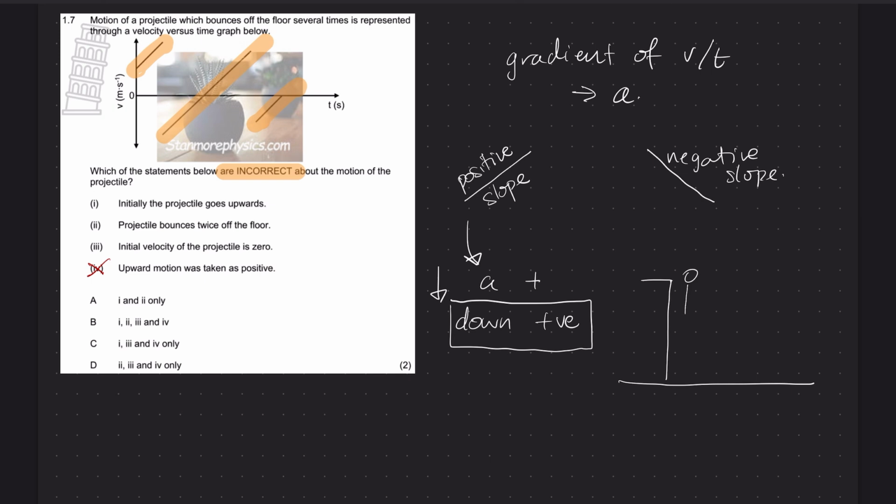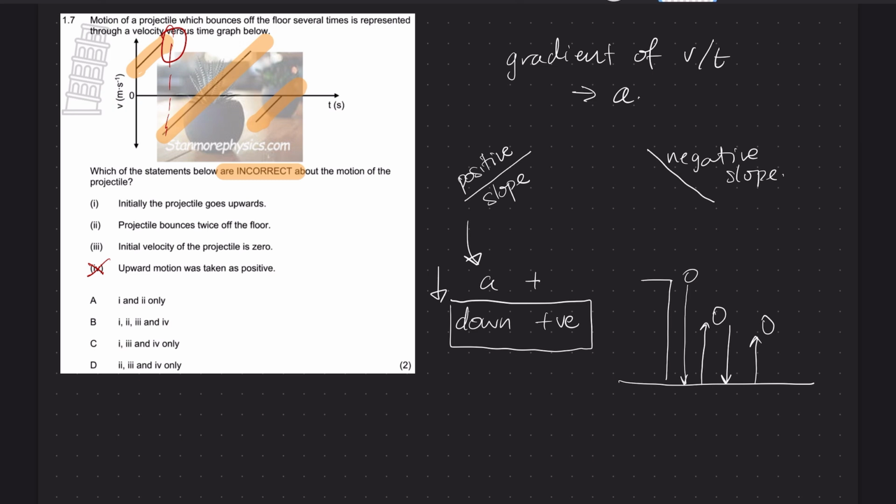So if it's thrown down, it's going to hit the ground there, and that's this point here on the graph. Then it returns upward, up to a point. And then it comes back down, and then it goes back up to a point.